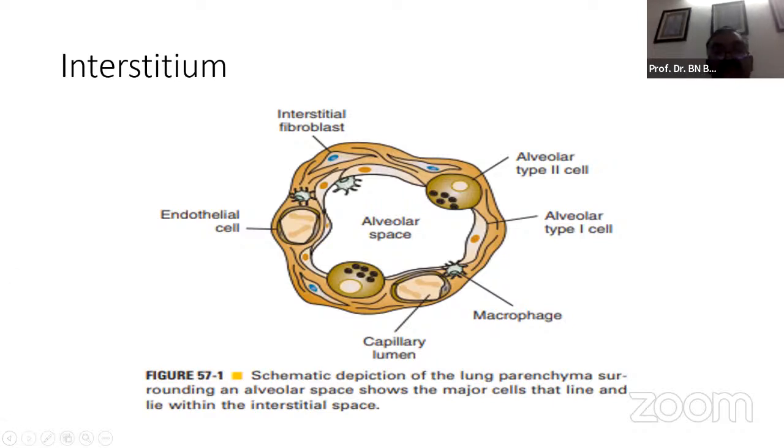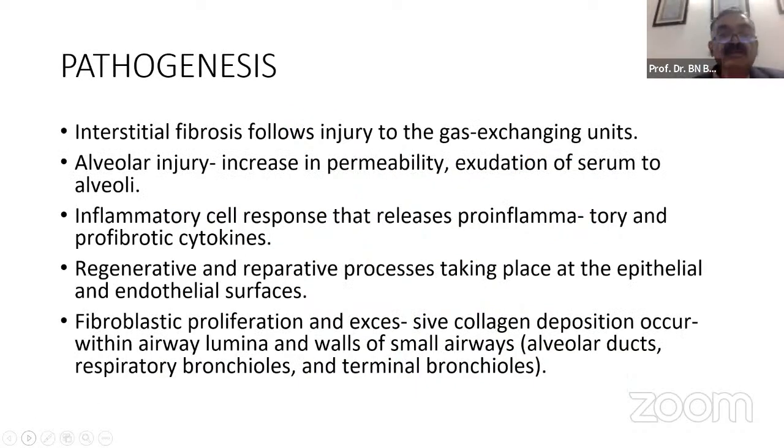Now, interstitial lung disease. Interstitial lung disease means the disease which affects the interstitium, that is both the alveoli, the terminal airways, the surrounding structures of the terminal airways, and the interstitial matrix that I have spoken about.